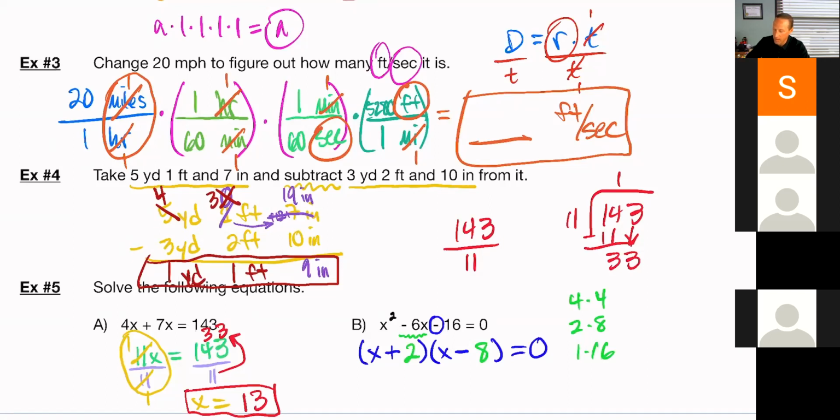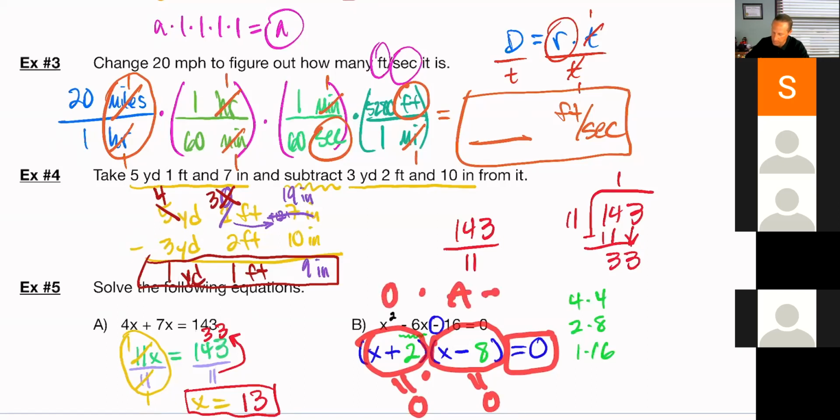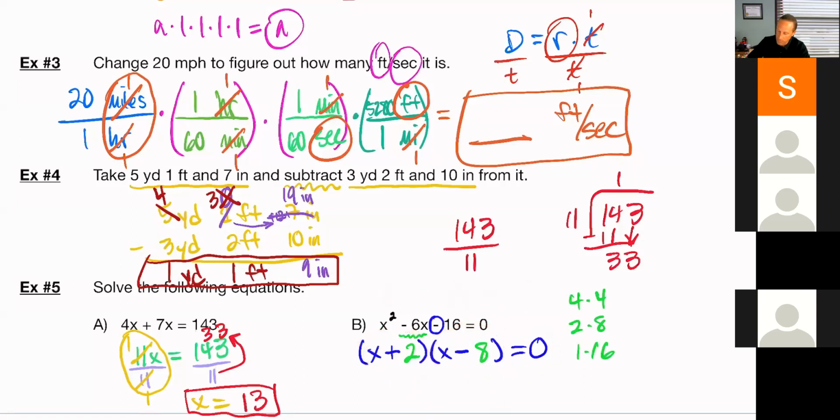Now remember, we're not quite done because we know when this factor times this factor equals 0, it will only ever be true when either that thing is equal to 0 or that thing is equal to 0. Because we know 0 times anything is 0, always. Right? So in this case, all we have to do is figure out what +2 would give me 0 and what -8 would give you 0.